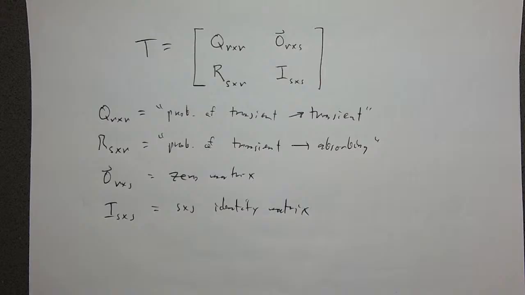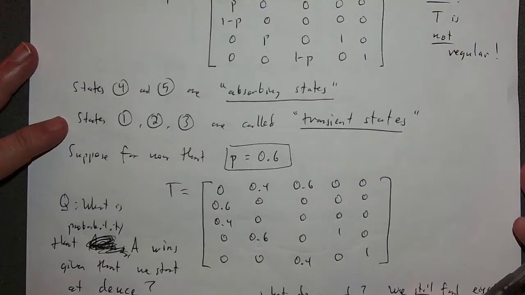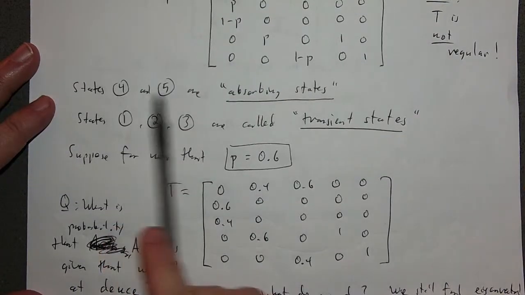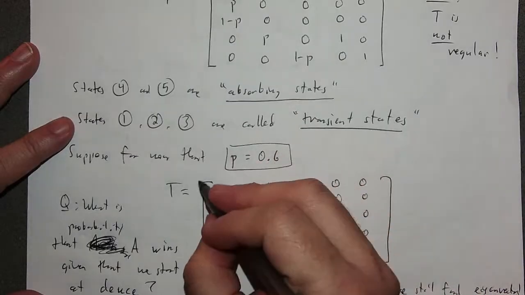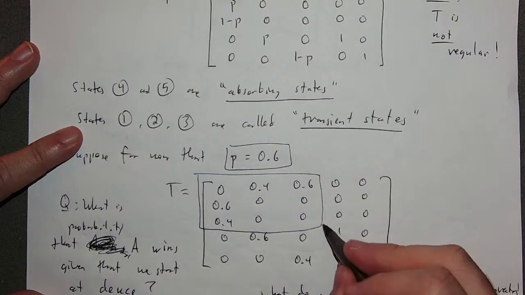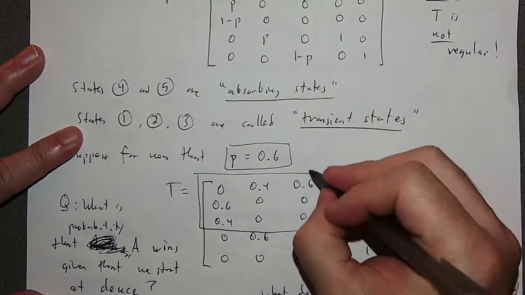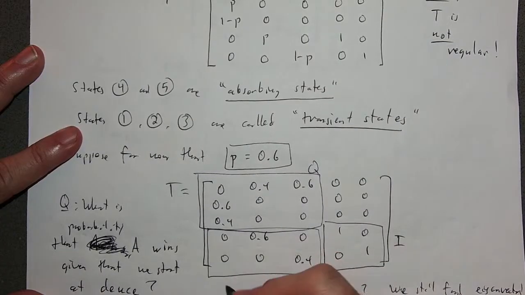So remember, in our tennis example that we just did, what did our transition matrix look like? We had 2 absorbing states and 3 transient states. So here's Q, here's I, right? So this is Q, this is I, this is R, which is a 2 by 3 matrix.